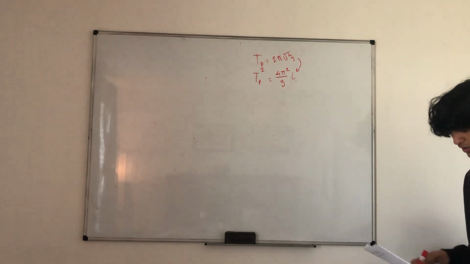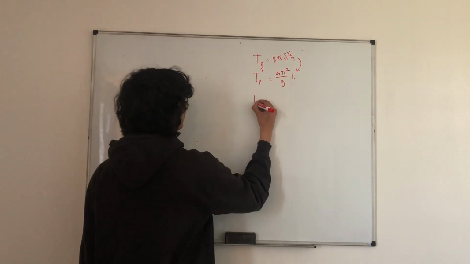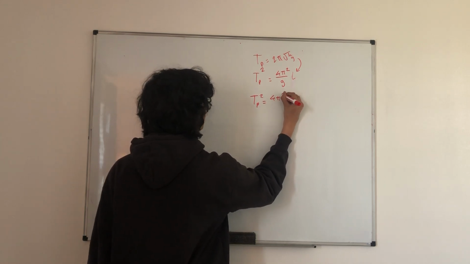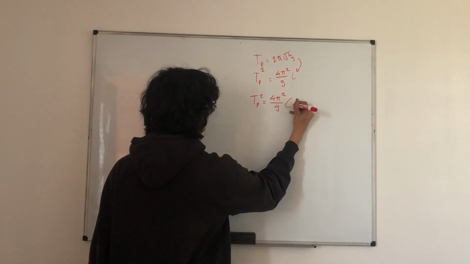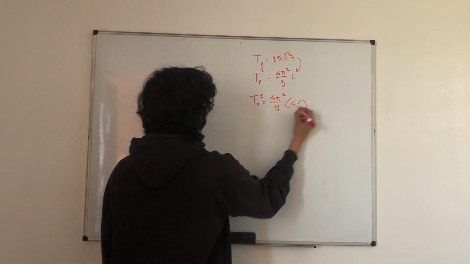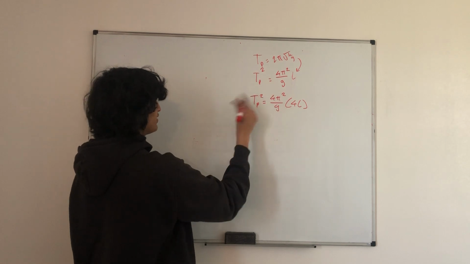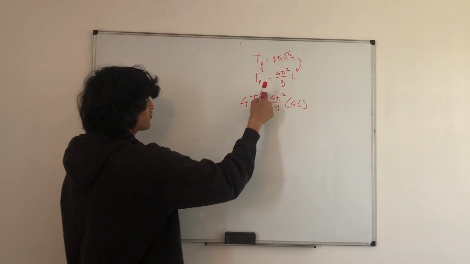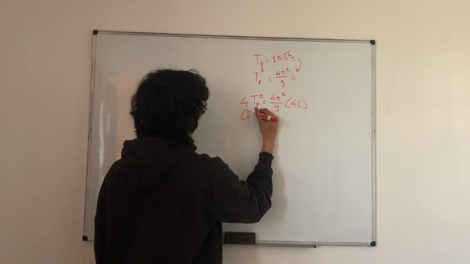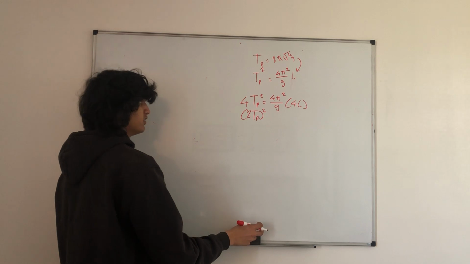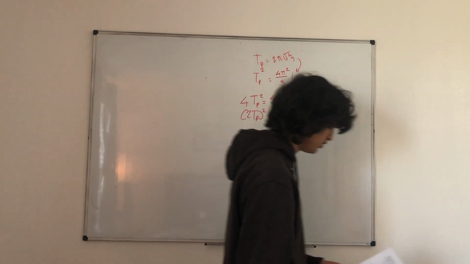I'm just squaring it to begin with, because I can show you very clearly that if we make l 4 times bigger, then T_P squared, the left-hand side, has to get 4 times bigger. But of course there's that square, so we have to put it inside the parentheses. So the period is going to get 2 times longer.